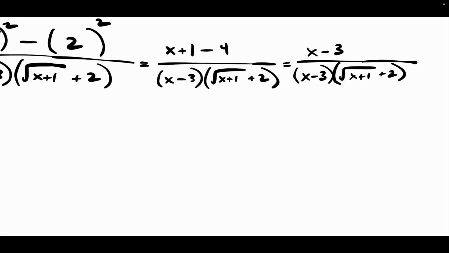Is there anything I can factor out? X minus 3, because the binomials are exactly the same. So that leaves me a 1 on top, and then an x plus 1 square root plus 2.